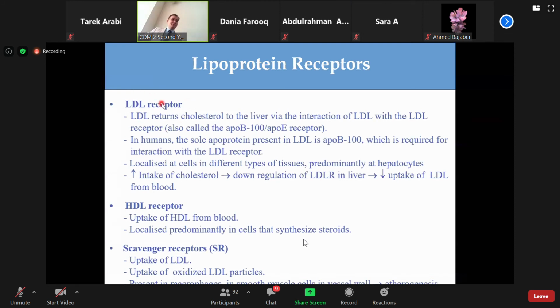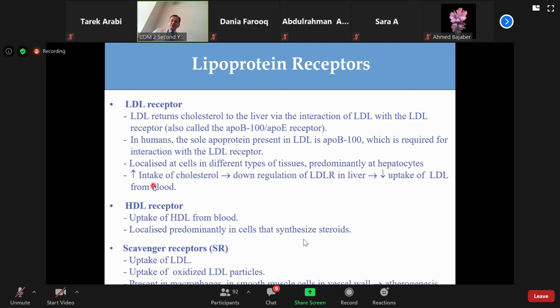We're going to see what happens with the LDL receptor mutations. And this is a common mutation. We're talking about 1 in every 500 people have this mutation of the LDL receptor. So they end up with what? Familial hypercholesterolemia. Now, the LDL receptor is localized predominantly at hepatocytes.